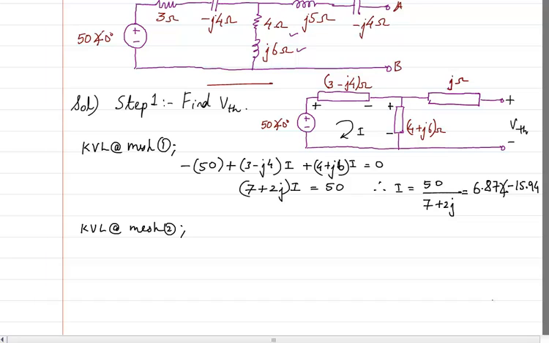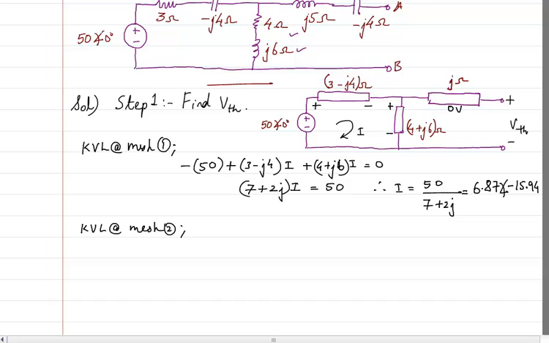Okay, now when we look at mesh 2, at mesh 2 there is no current, but there are voltages. So this is one voltage, here there is going to be no voltage, so I will just write 0 volt here because there is no voltage there. And then there is plus VTH.